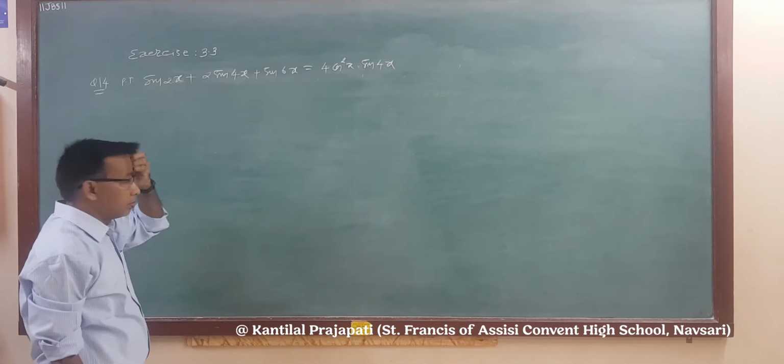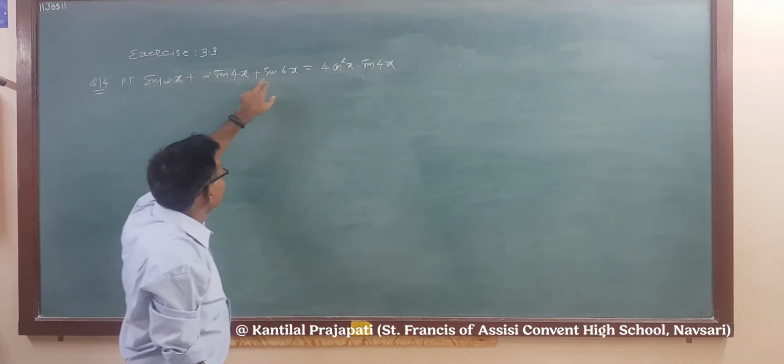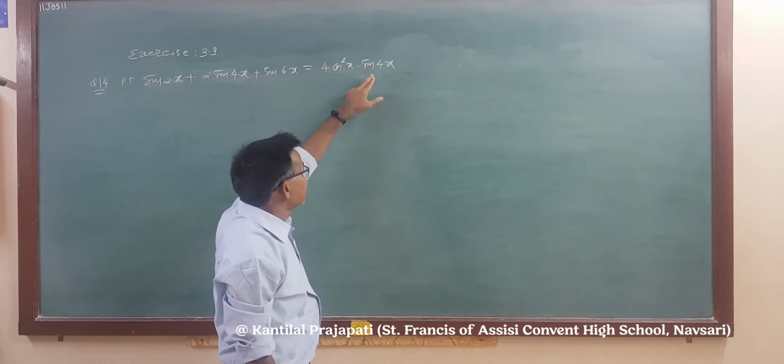Let's see here, prove this. Sin 2x plus 2 sin 4x plus sin 6x is equal to 4 cos square x into sin 4x.